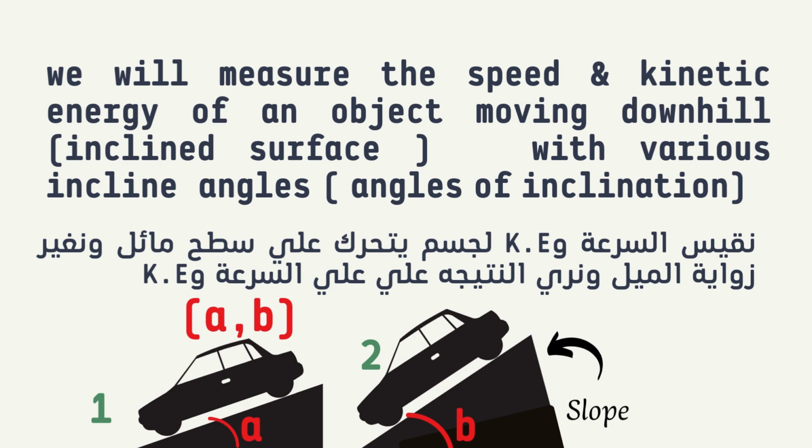So we have here the angle of inclination. We will see if we change this angle of inclination, how the speed and kinetic energy will be affected. Will the speed and kinetic energy increase or decrease?